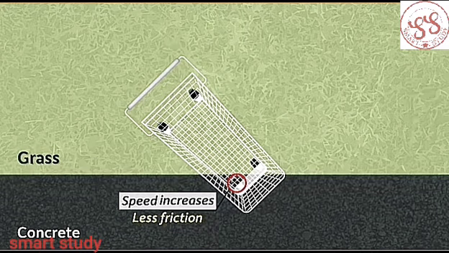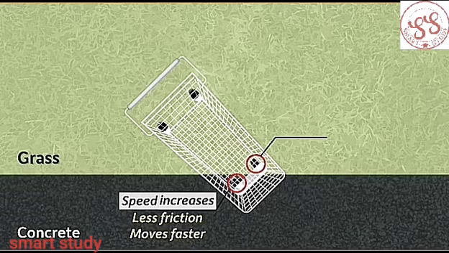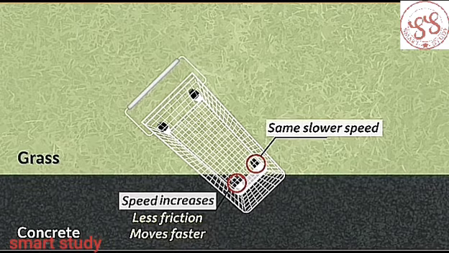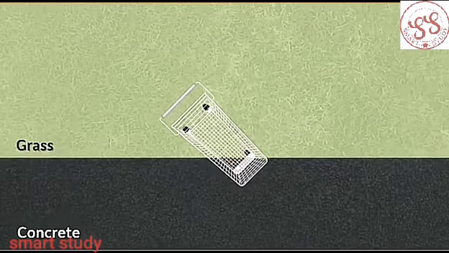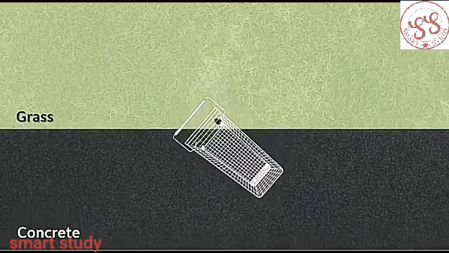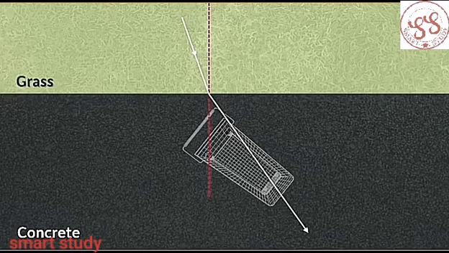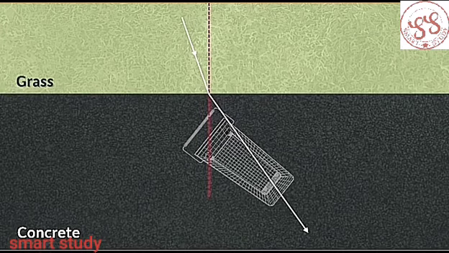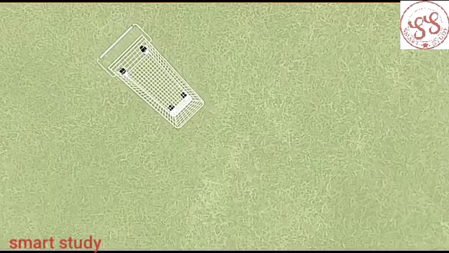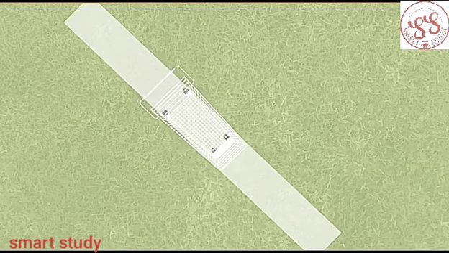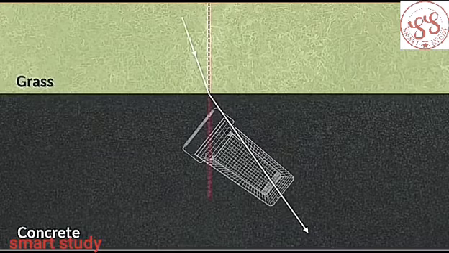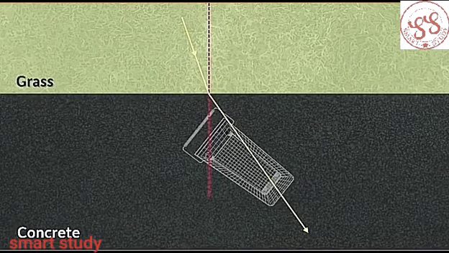So now, this wheel will move with greater speed, but its adjacent companion is still on grass moving at a slower speed. So the change in their relative speeds will turn the cart towards this direction. If I draw a normal, you can clearly see that it's moving away from the normal in this case. If the surfaces were the same, it would have moved in this direction, but as they're different, the direction as well as the speed of the cart changes.